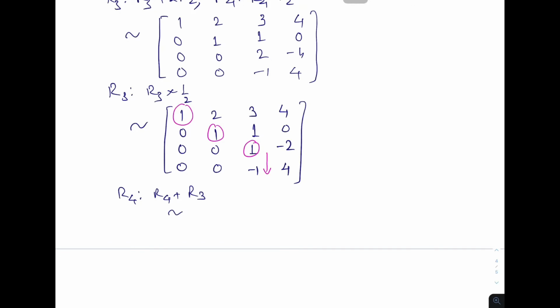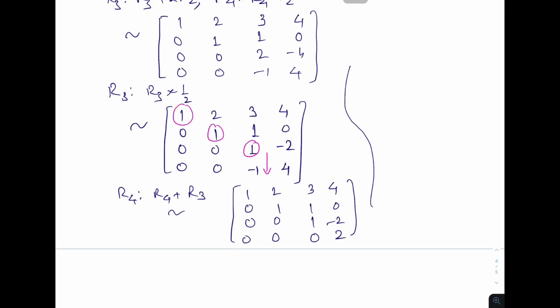Okay, and so this is equal to 1, 2, 3, 4, 0, 1, 1, 0, 0, 0, 1, minus 2, 0, 0, 0 and 4, minus 2, 2. And lastly R4 divided by 2.